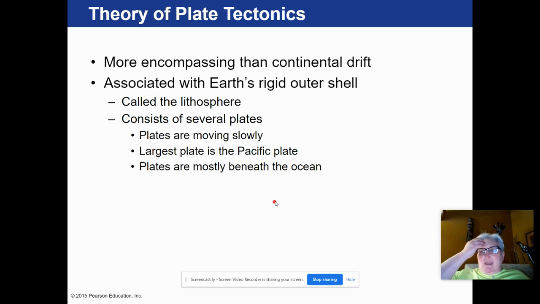And the other thing that they knew, and by the mid 1900s, they were able to use submersible vehicles to go down into the ocean. And when they're mapping out the floor of the ocean, we're finding these separations. And so they knew that these plates did exist, and they are probably many of them covered in water.